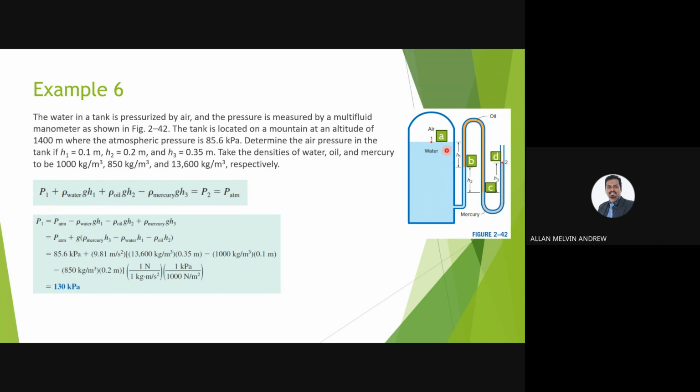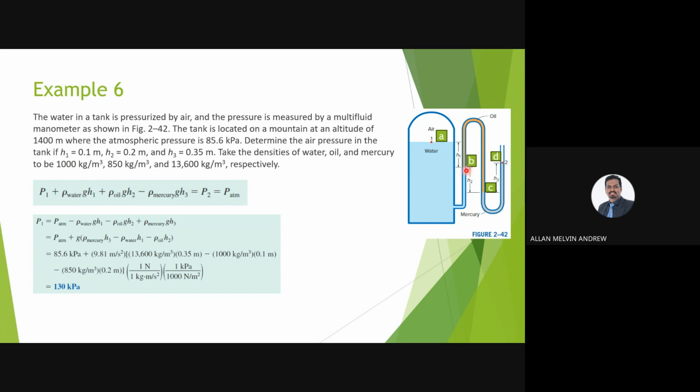Then we have water here, and we want to measure the point here. So it's actually the water density, which we already know, times G times H1. H1 is from this level to this level, so H1 we already know. It's a plus because it's going down.